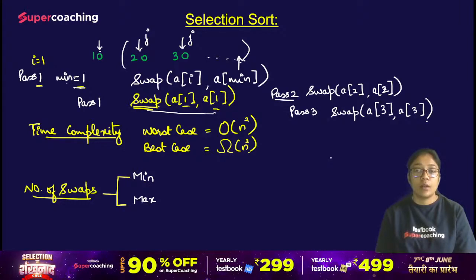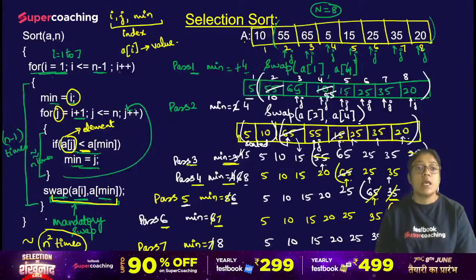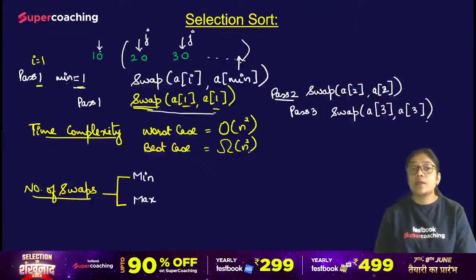The only difference in the best case is it's not changing the value of min. बस सिर्फ इतना फर्क है, यहाँ पे min की वैल्यू अपडेट नहीं होगी, अदरवाइज एवरीथिंग गोज सेम. तो in each pass there is one mandatory swap. Doesn't matter whether it's minimum number of swaps or whether it is best case or worst case.